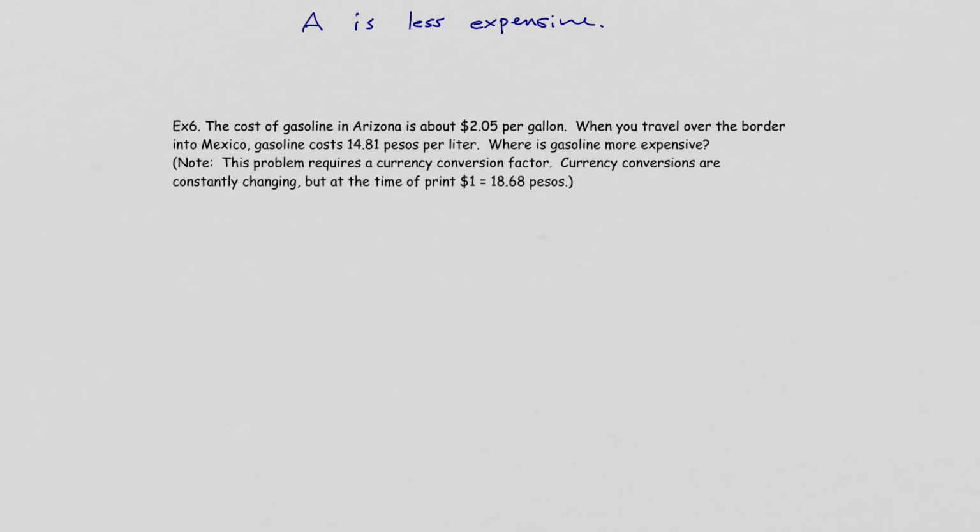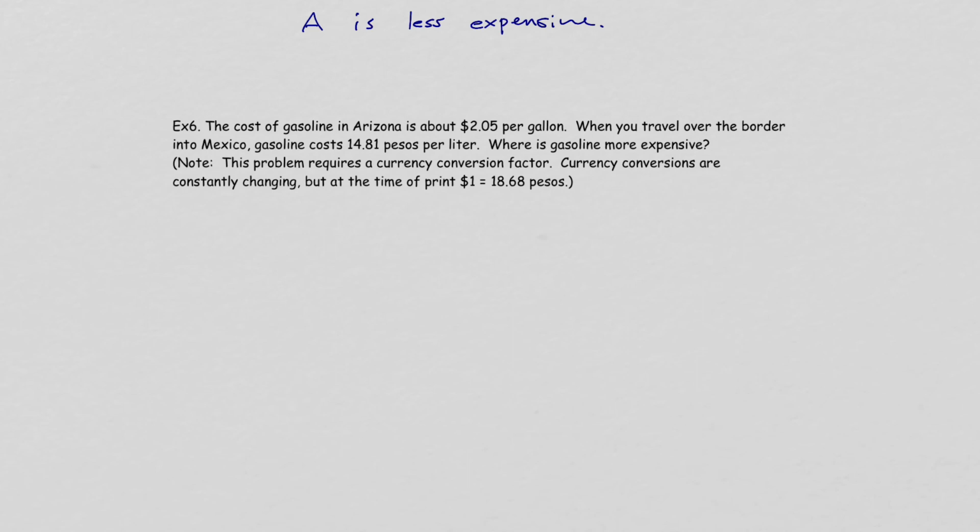Okay, let's look at one more example from this section. When you're looking at example 6, you can see this is a comparison of gasoline prices, right? Here, Arizona is $2.05 per gallon.